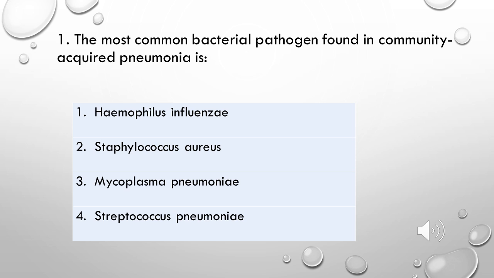It's also called walking pneumonia. Okay? So in many patients, viruses are the cause of pneumonia. Viruses are identified in 18% to 36% of pneumonia cases. Okay, we're going to move on to the next.